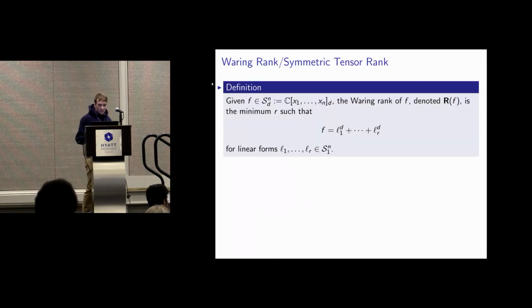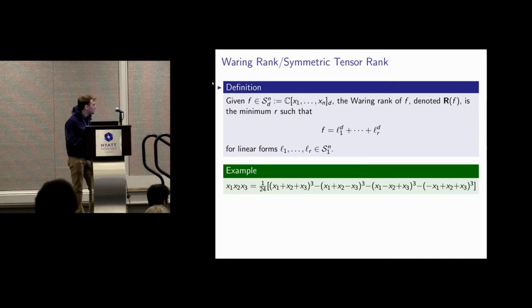So the Waring rank of a homogeneous degree d polynomial f is the minimum number r so that f can be expressed as a sum of r dth powers of linear forms, just homogeneous degree 1 polynomials.